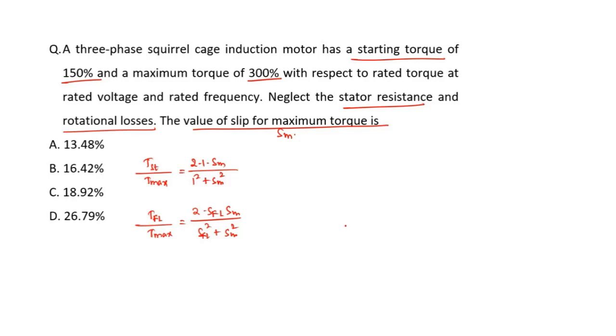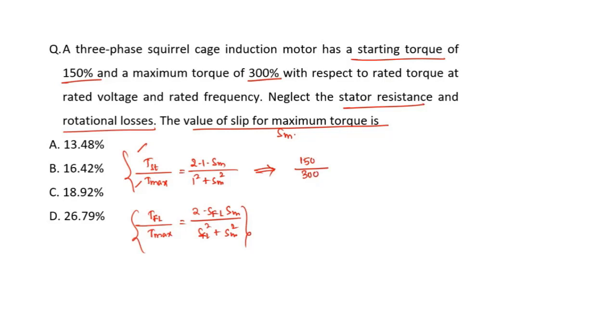Right. So starting torque is 150% and maximum torque is 300%. So he has given this one and this one with respect to the rated torque. He's asking slip corresponding to maximum torque. Which one will you use? We will use this one, right? So 150 divided by 300.